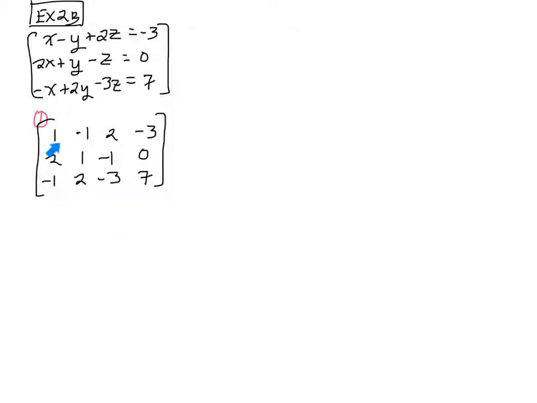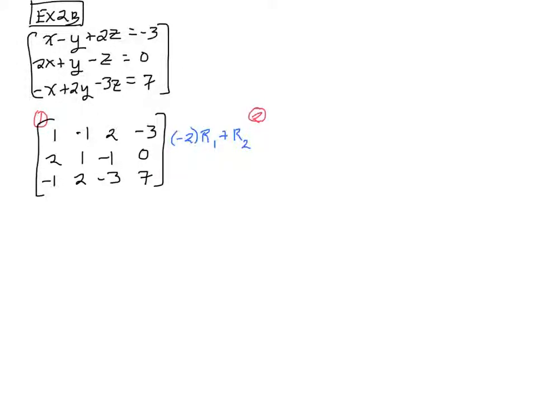Or I could multiply the first row by negative 2. That would make that a negative 2, and add to 2 to get 0. So I think we're going to do multiplying the top row by negative 2. So write out your rule, negative 2 multiplied to row 1, and then we're going to add that to row 2. And so that's going to give us matrix number 2.